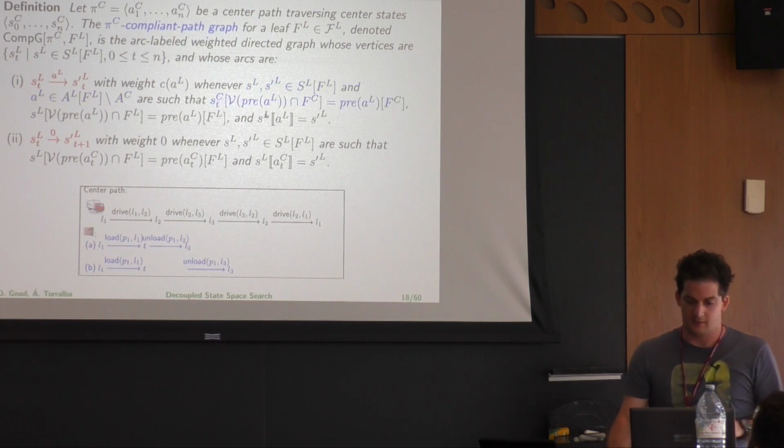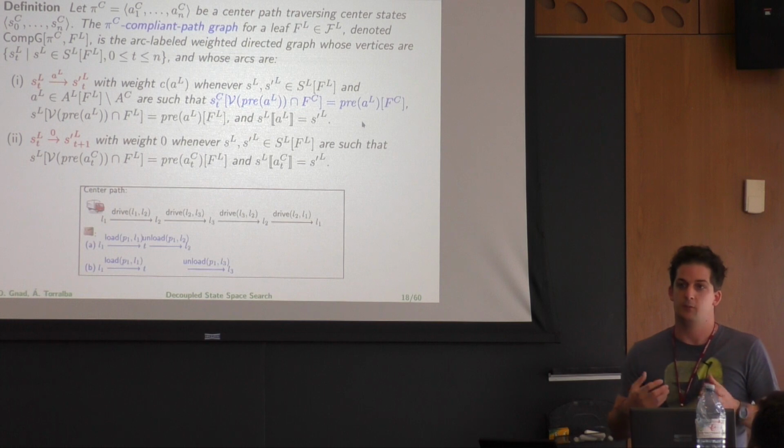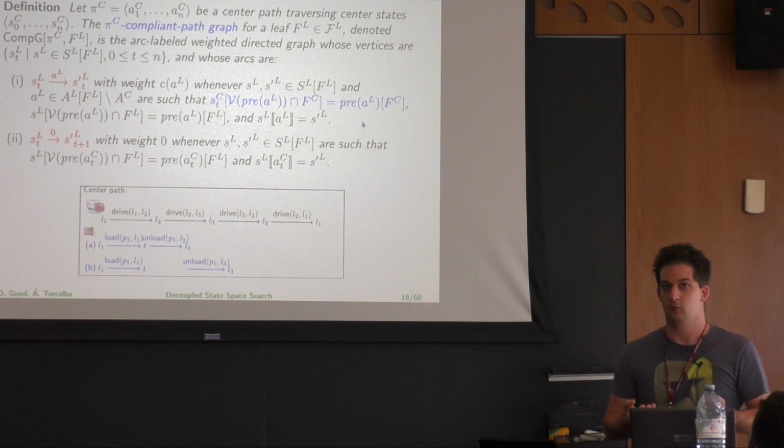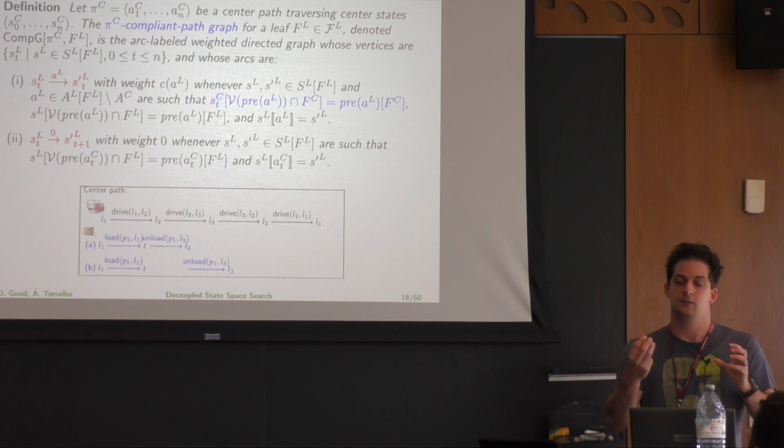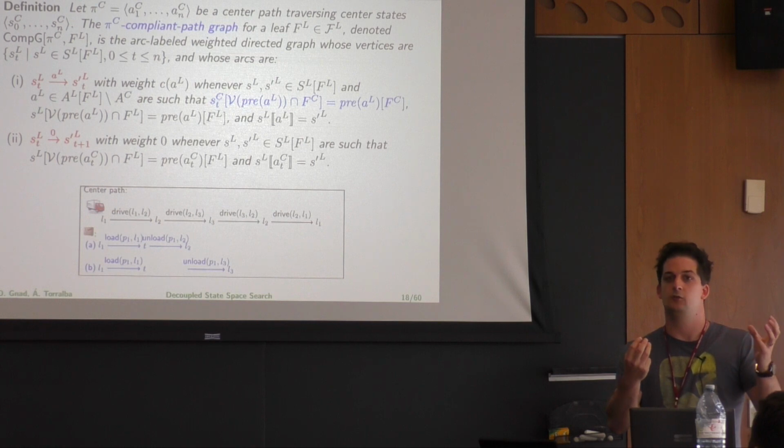This expression here says that the center precondition of the leaf action must be true, which in our example means we cannot load a package that is in position 2 if the truck is at a different position. So the center precondition must be fulfilled.